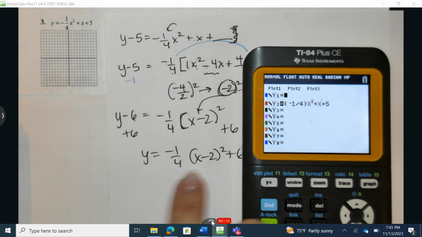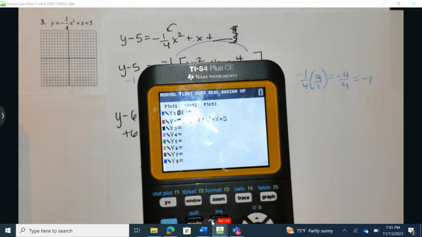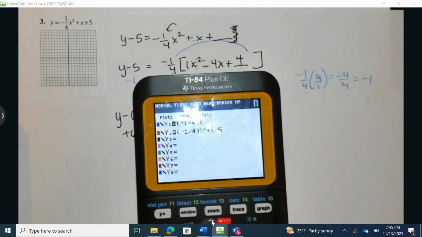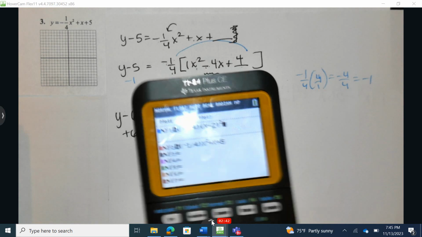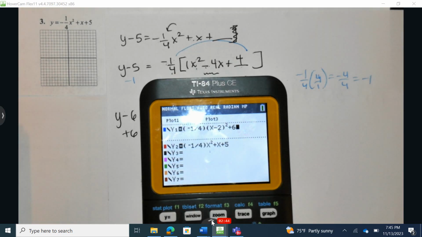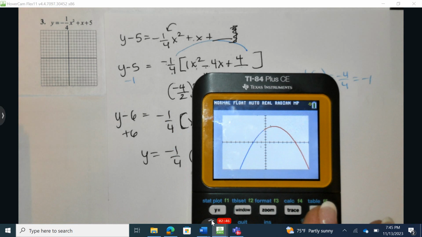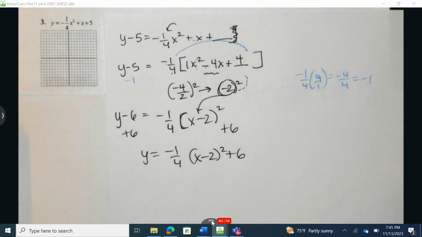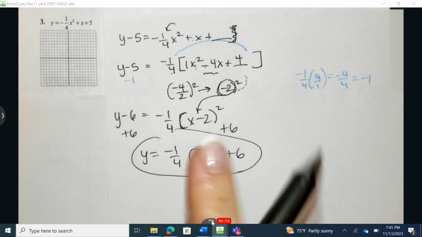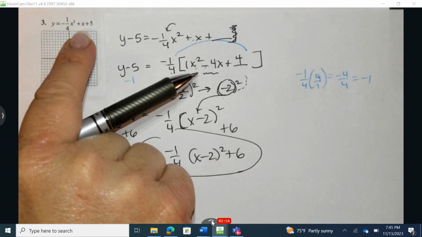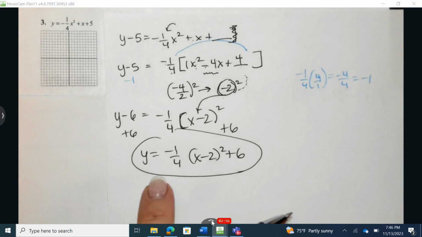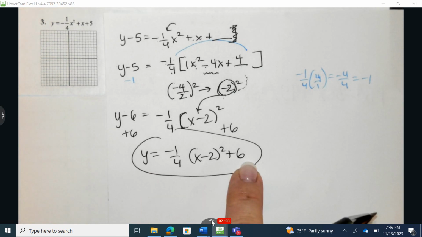And I'm going to put in what I've transformed it to become, which is negative 1/4, and then it's x minus 2 quantity squared plus 6. And we can see that they are the exact same points. So I believe that I've correctly rewritten this function, which is standard form, into a vertex form.